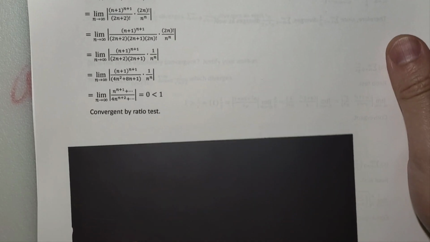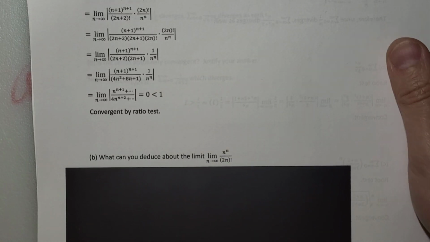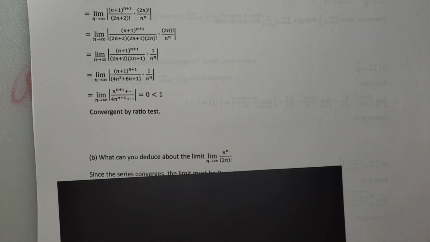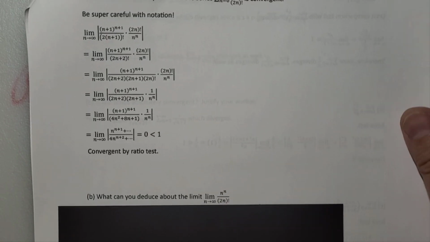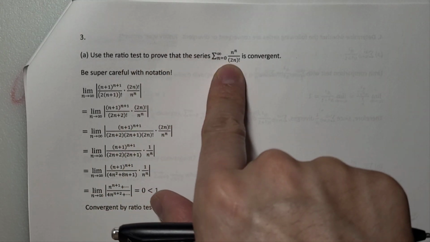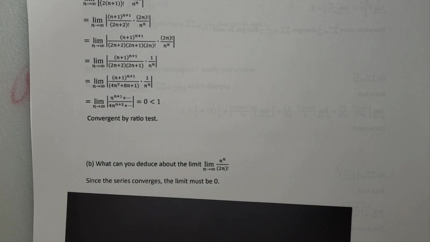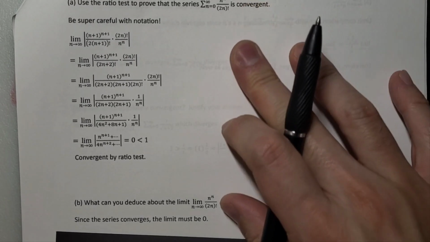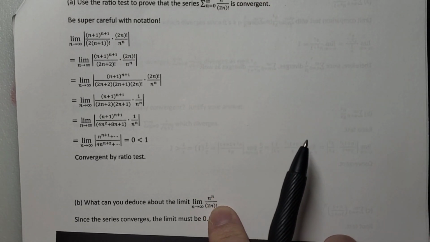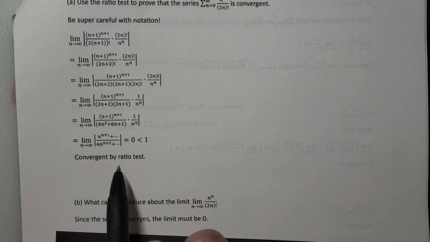Okay, hopefully that made sense. Again, be careful with your notation for this one. So what can we deduce about this limit? Notice that this is matching that. Since this series converges, this limit must be 0. Remember, if this limit is not 0, then for sure the series diverges, but it says it converges by the ratio test, right?